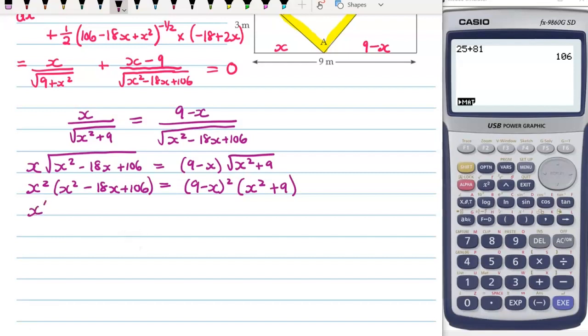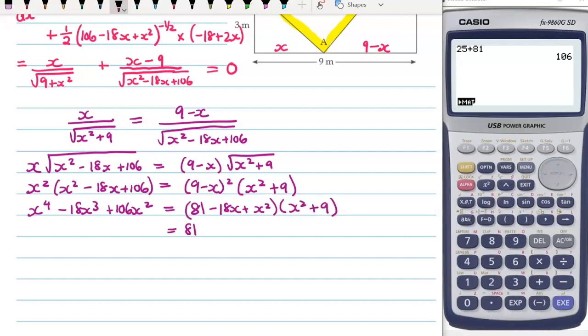Okay, now we've got x to the 4 minus 18x cubed plus 106x squared. If we do 9 minus x squared, we will have 81 minus 18x plus x squared times by x squared plus 9.